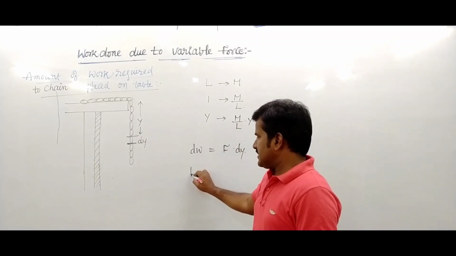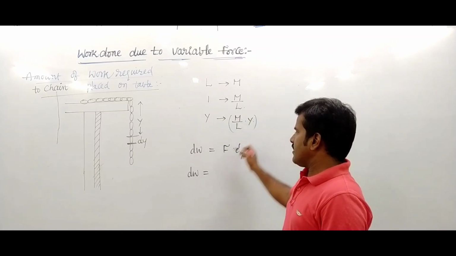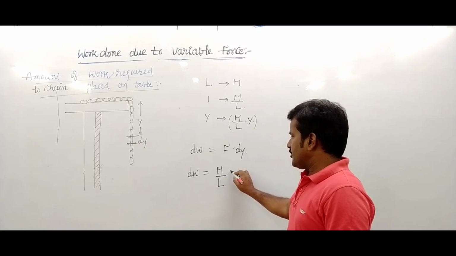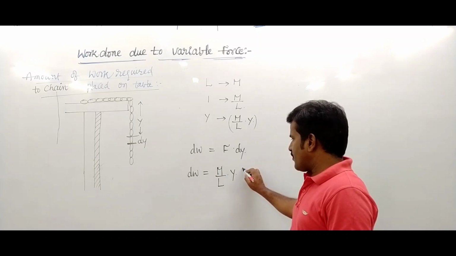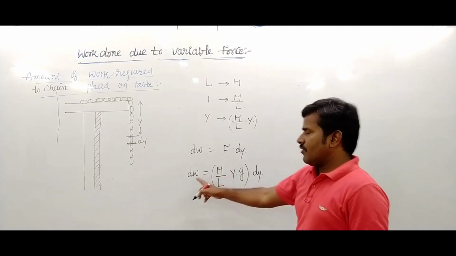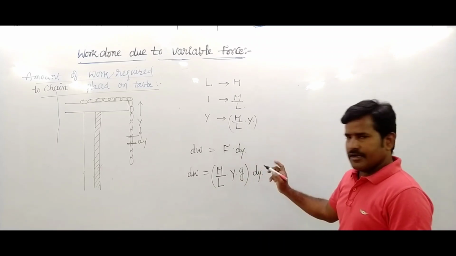You know that F is mass into g, so dW equals M upon L into y into g into dy. The work done equals M by L into y into g into dy.